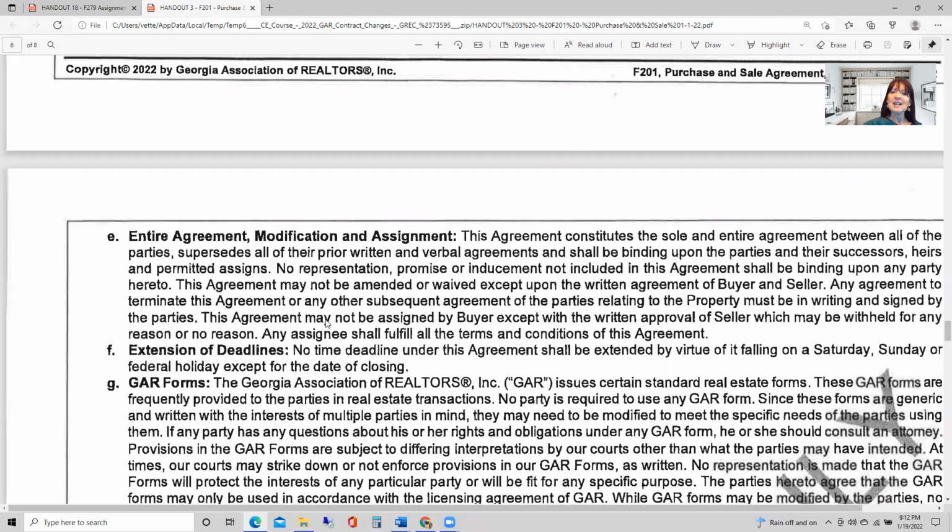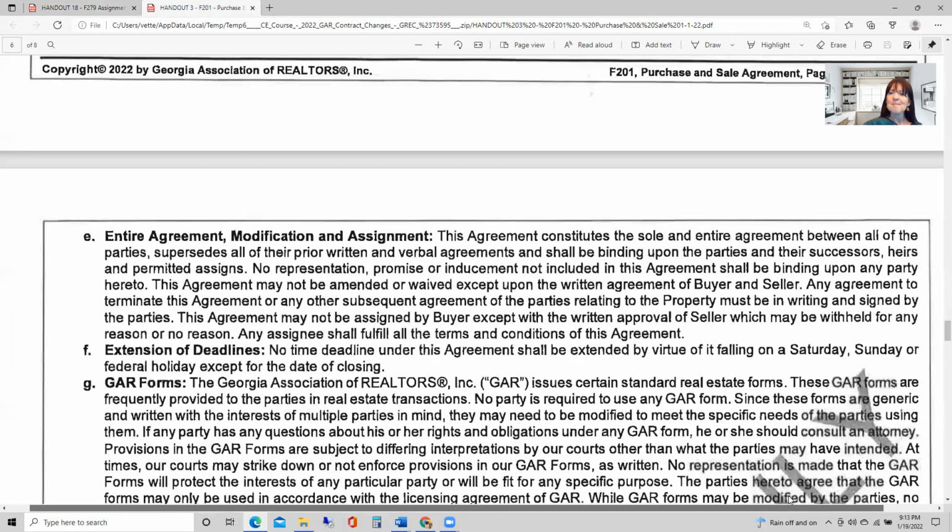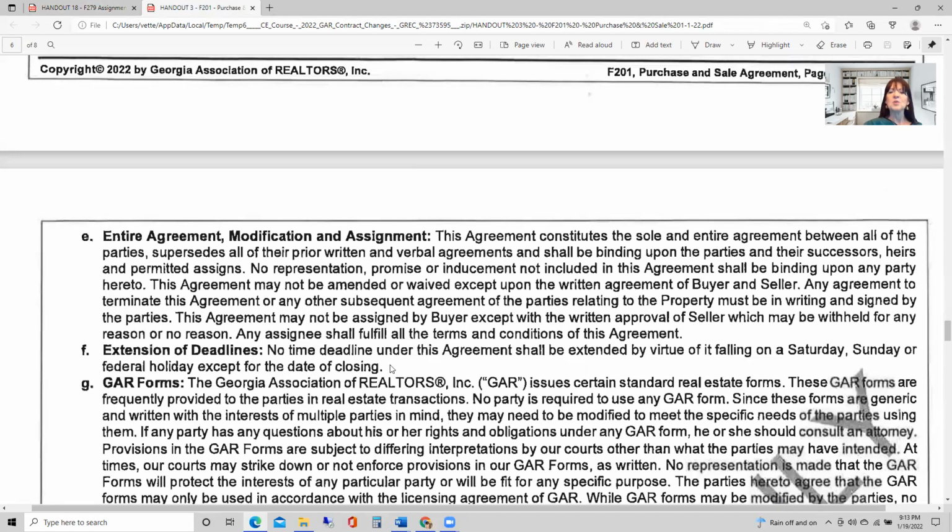At the very end, it states: this agreement may not be assigned by the buyer except with written approval of the seller, and that may be withheld for any reason or no reason. Any assignee shall fulfill all the terms and conditions of this agreement.